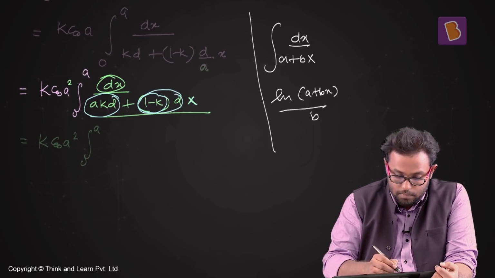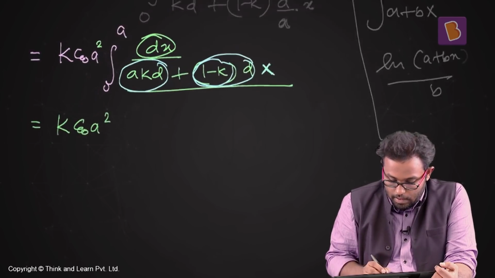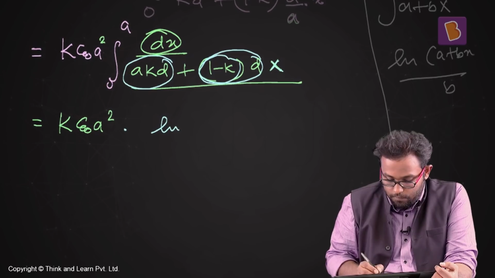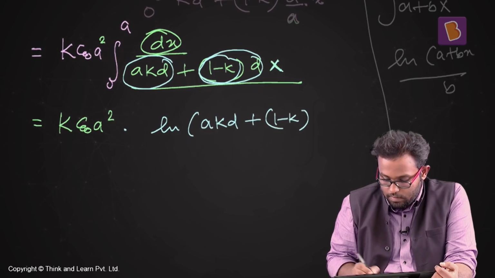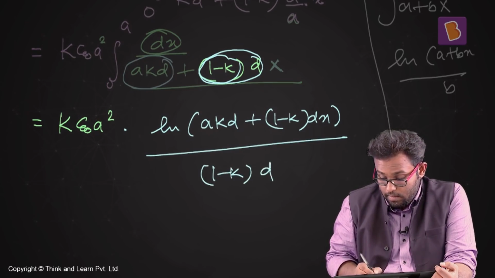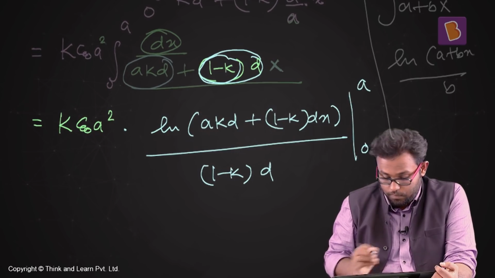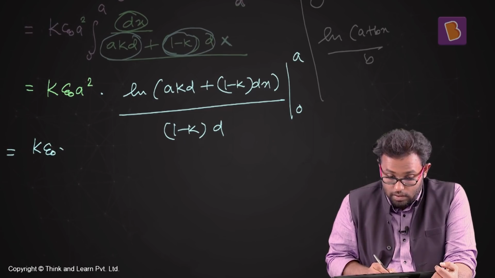Okay, so this becomes times ln of a k d plus 1 minus k times d x, and whole divided by the coefficient of x, which is 1 minus k times d, and this thing runs from 0 to a. So that becomes equal to k epsilon naught a square upon 1 minus k times d.